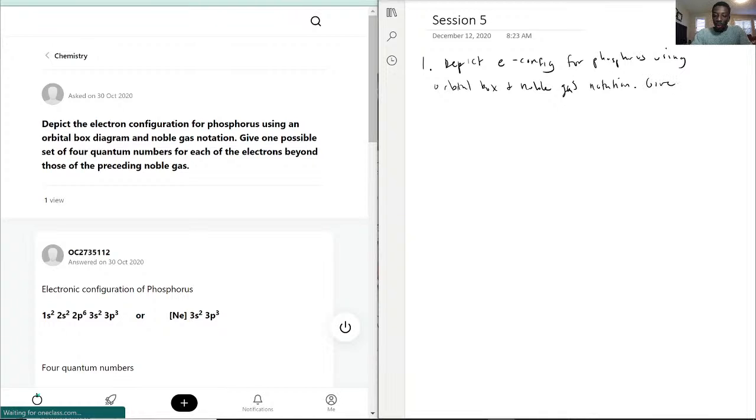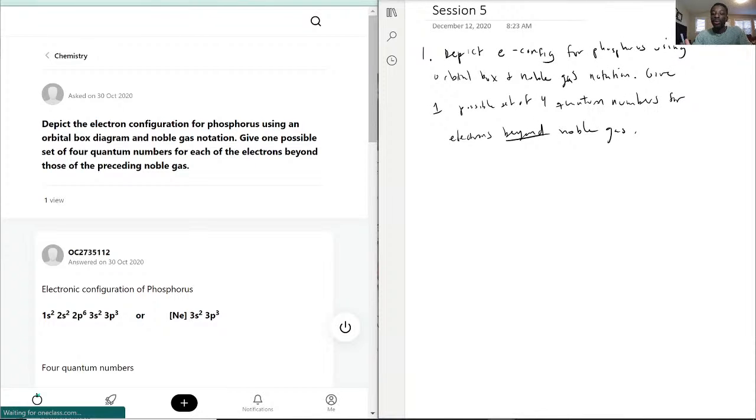Give one possible set of 4 quantum numbers for electrons beyond noble gas. So this is definitely a bigger scope of a question.